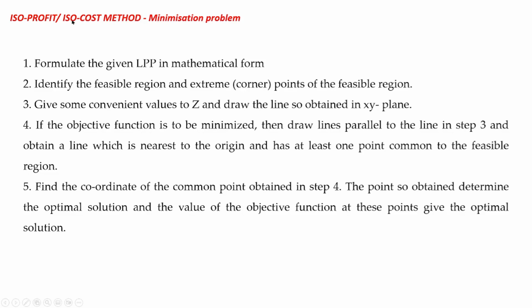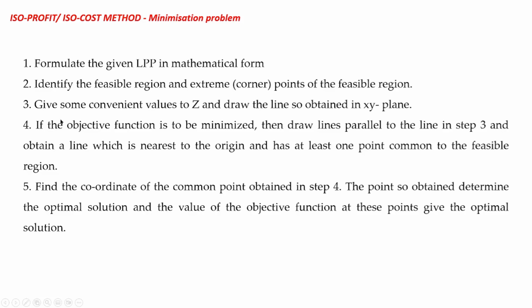Now let us see the steps. The first step in case of a minimization problem is to formulate the given linear programming problem in the mathematical form. In the example which we just saw, it is already formulated in the mathematical form. Then the next step is to identify the feasible region and the extreme corner points of the feasible region.